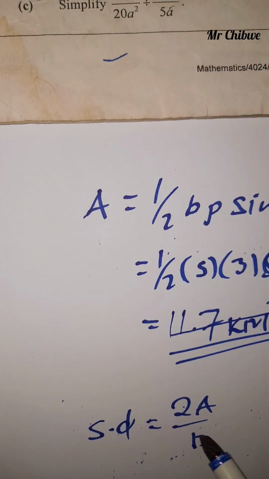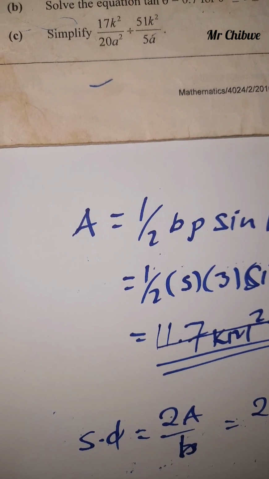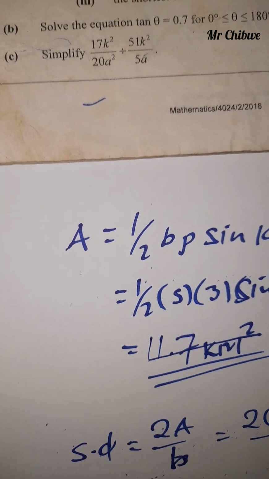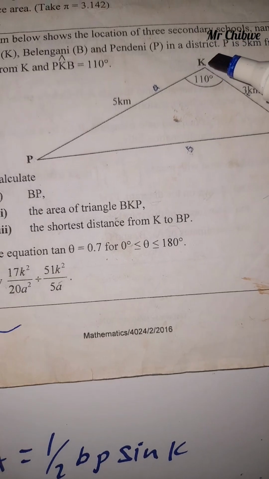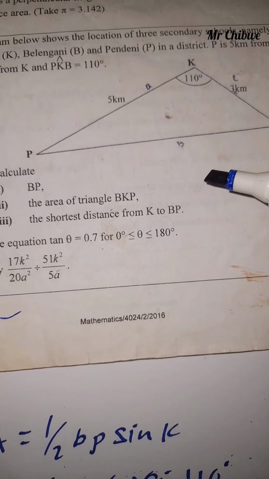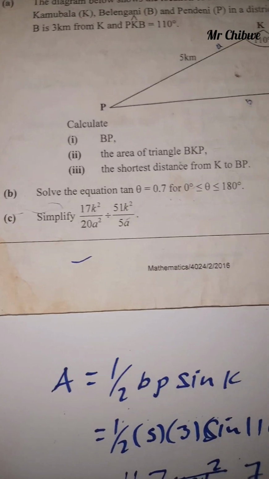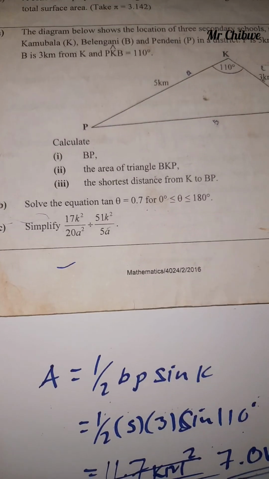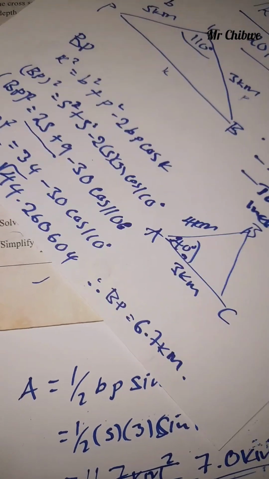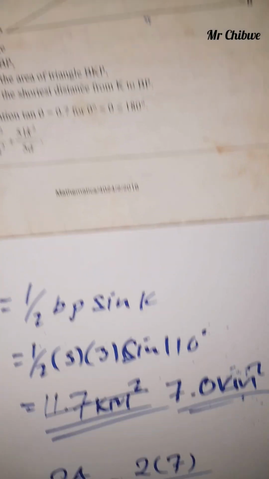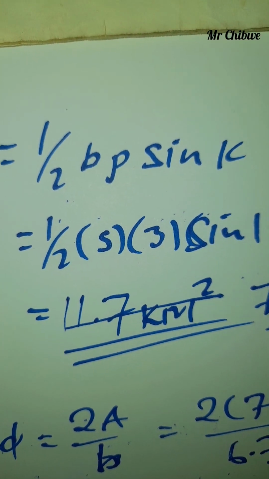Now 2 times the area here is 7, and the base is the distance PB, which we calculated previously, and the answer is 6.7. So here we're going to substitute with 6.7.